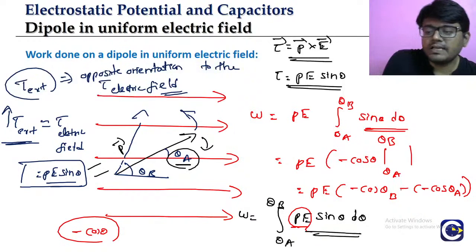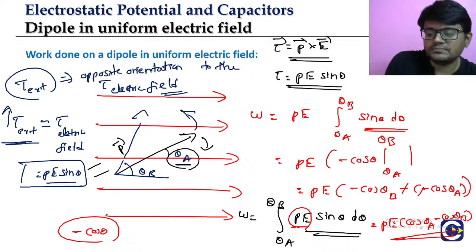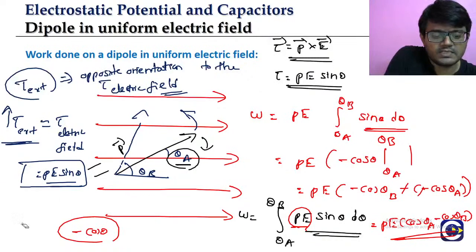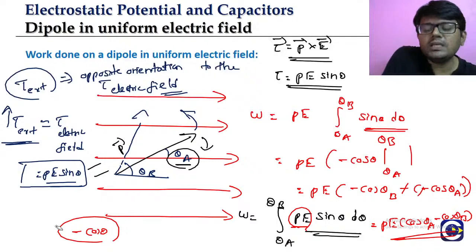Minus of minus is plus. So the work done by the external torque is p E into cos theta a minus cos theta b.